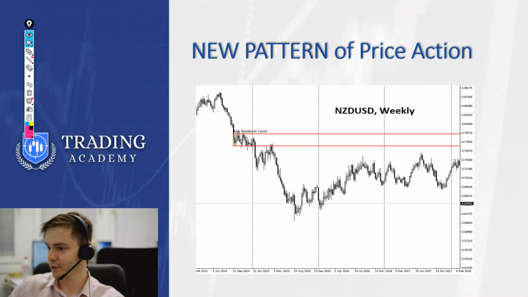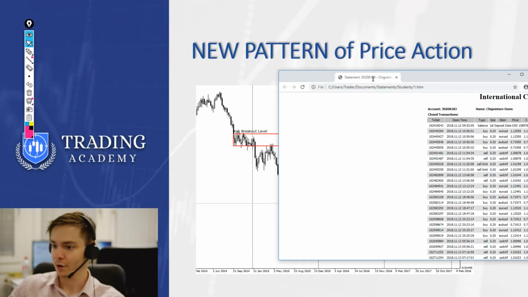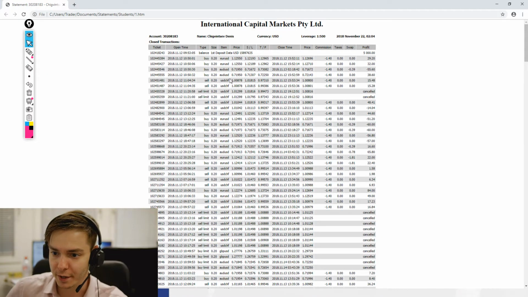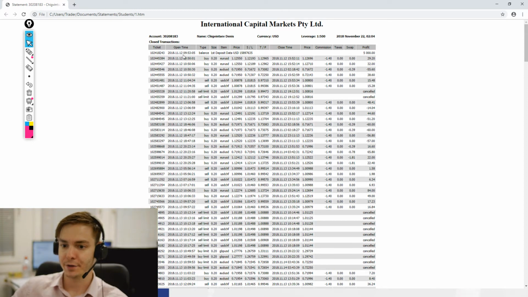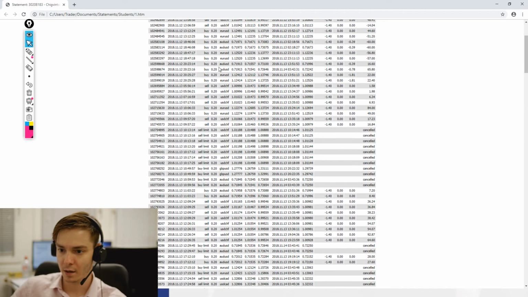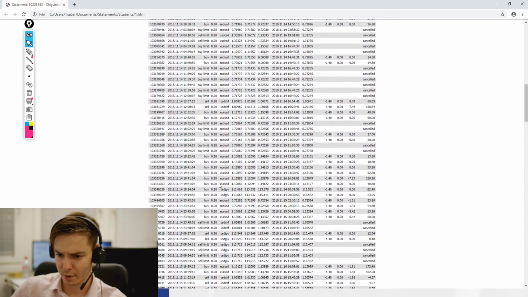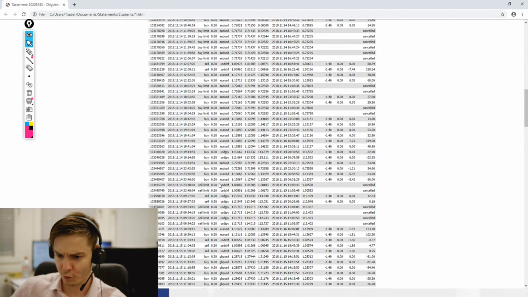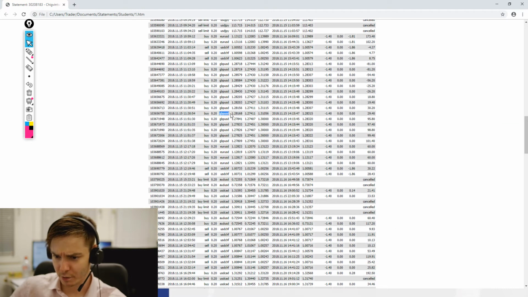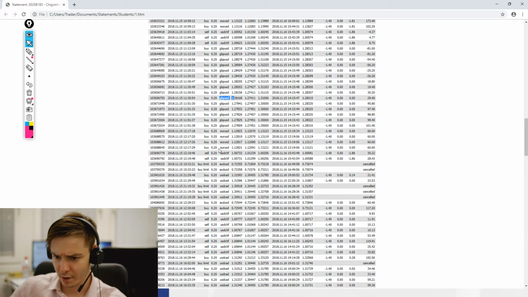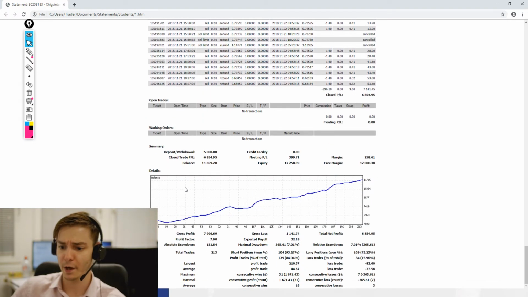Just a second. Now you should see the statement of our student, and you see that he was trading here Euro USD, Australian dollar USD. Also, let's look more down. A lot of markets, mainly Forex, GBPUSD also, and so on. But let's look at the equity.